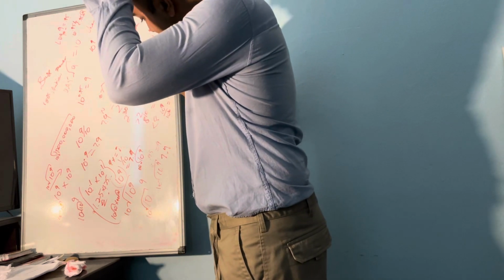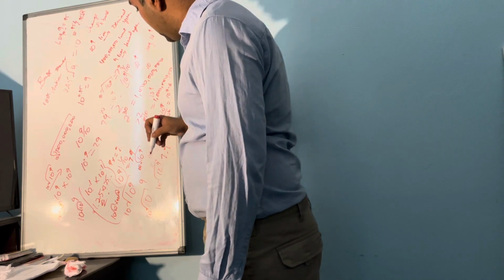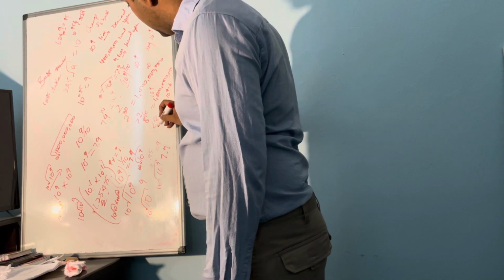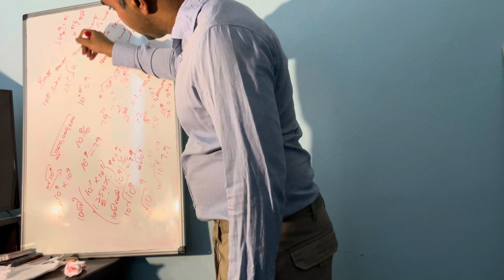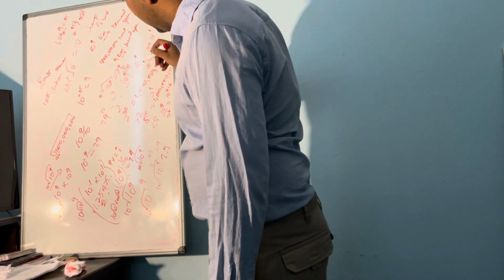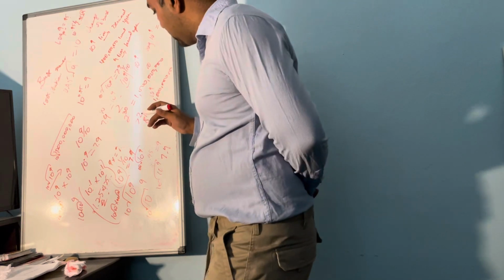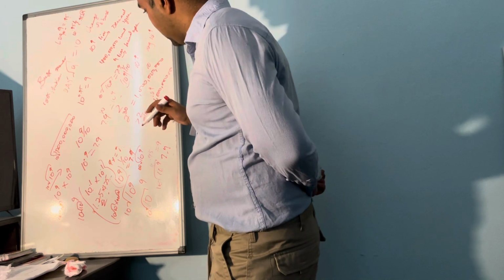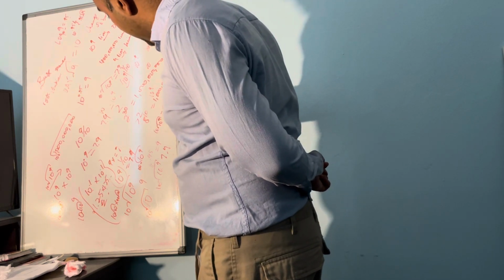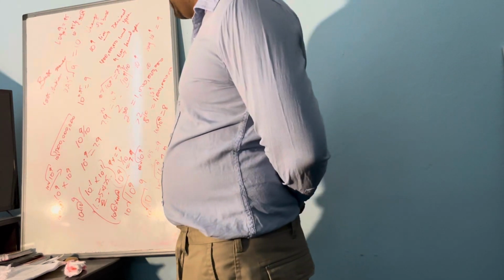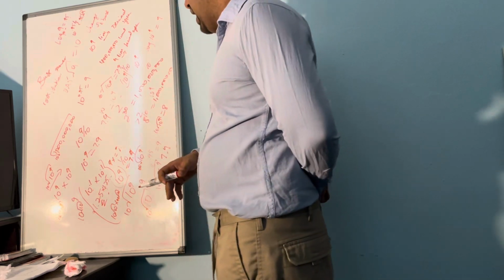If 8 to the power of 10 is 10 to the power of 9, then we know that the 10th root of 10 to the power of 9 equals 8, right? Using this same method, the 10th root of 10 to the power of 9 equals 8.